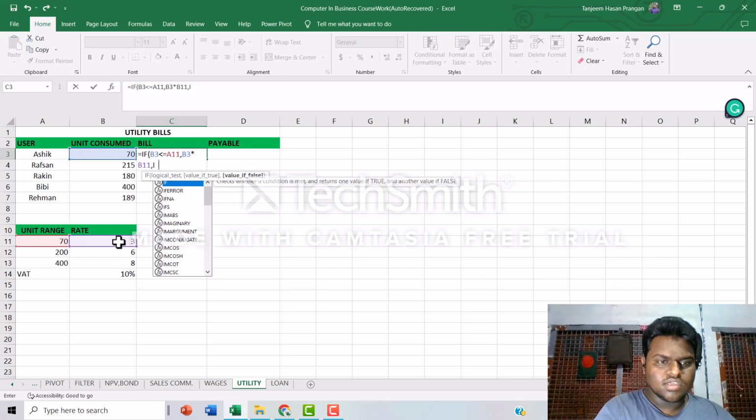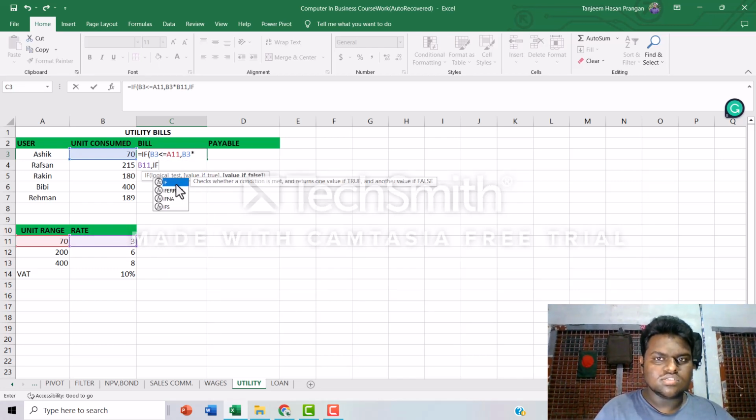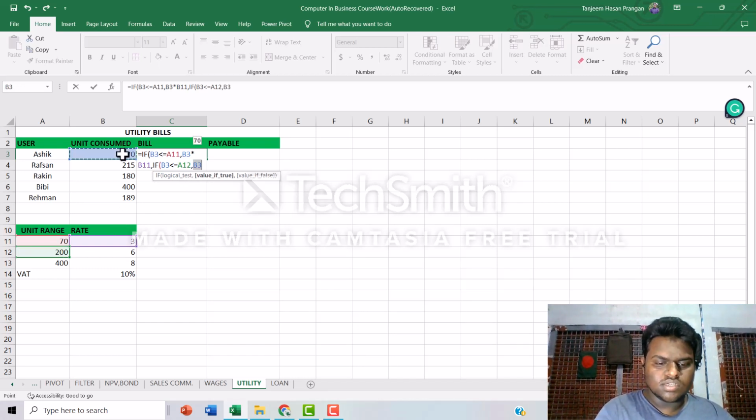Then if again, because there are multiple conditions, this condition shows that if the uses will be greater than or equal to 200 units, the consumed rate will be multiplying by 6.